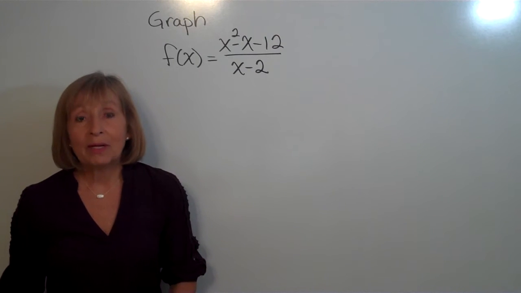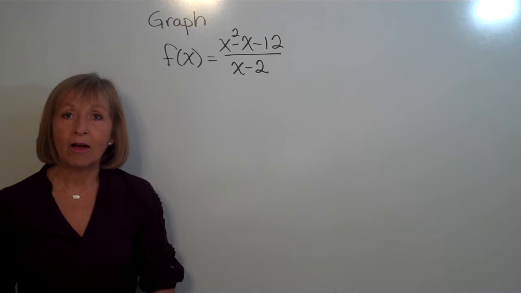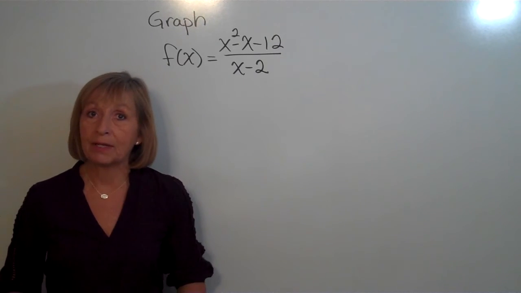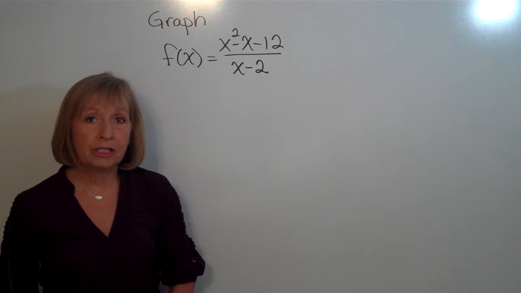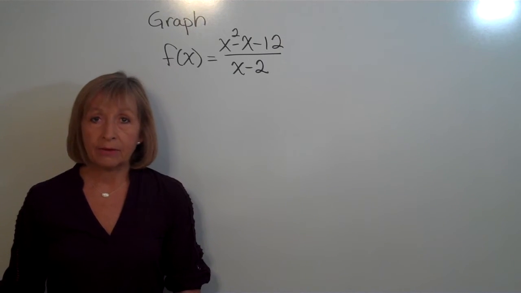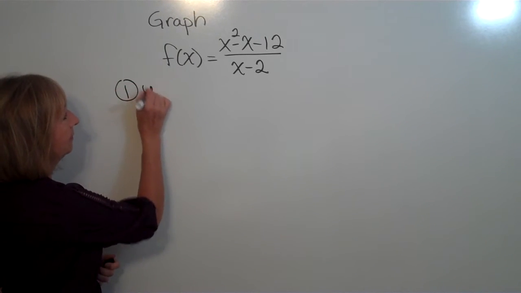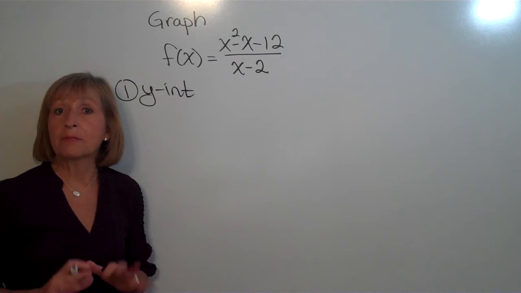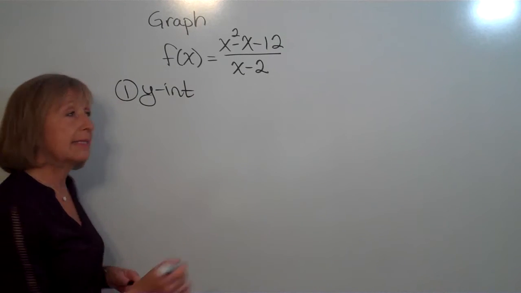Now, the thing about knowing that it's a rational function when you start is that you have an idea of what information you want to gather before actually going to draw the graph. And with the rational function, the information we want to gather is first the Y-intercept, and to find the Y-intercept of any curve, we set x equal to 0.